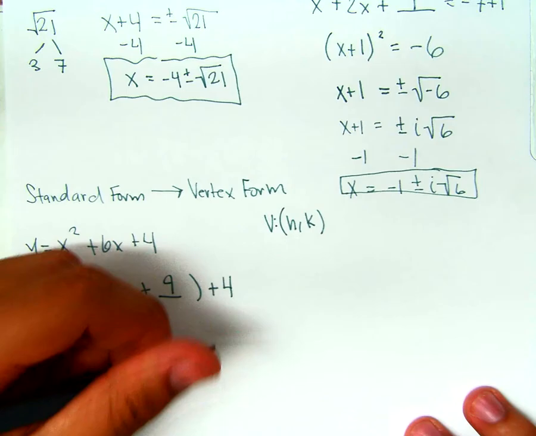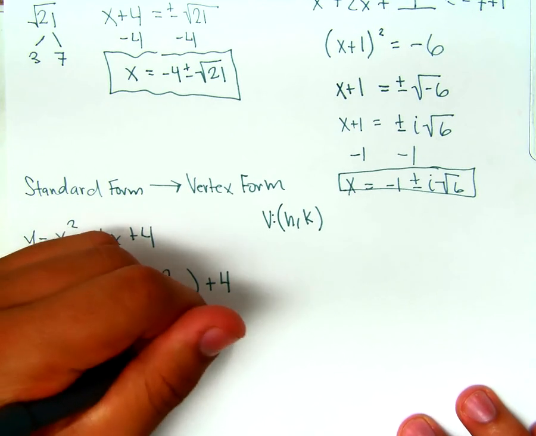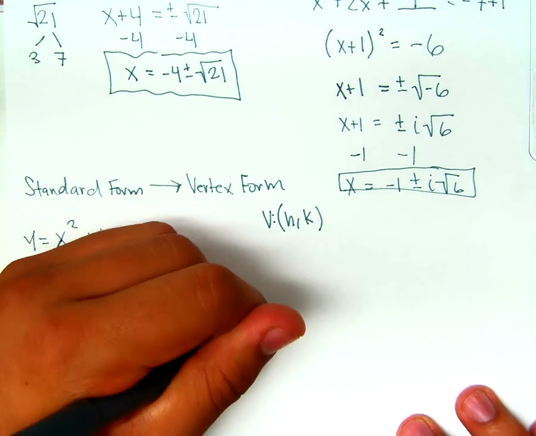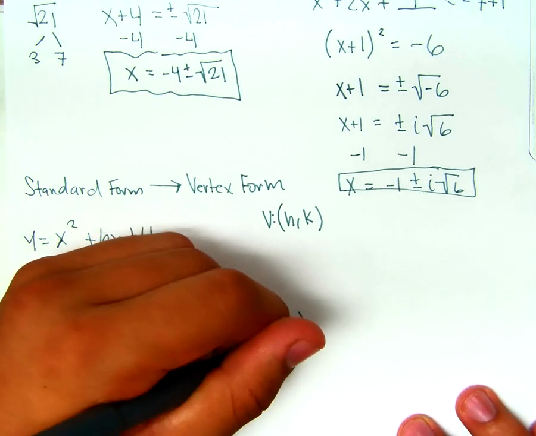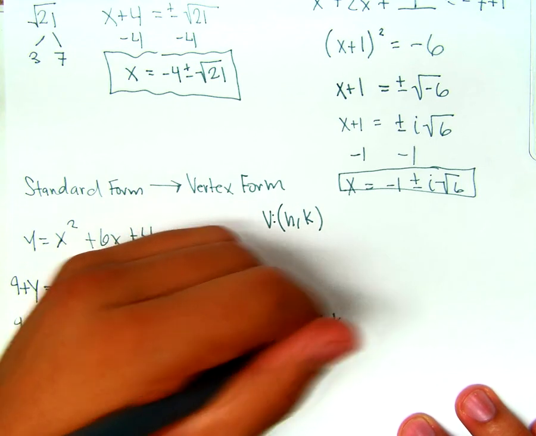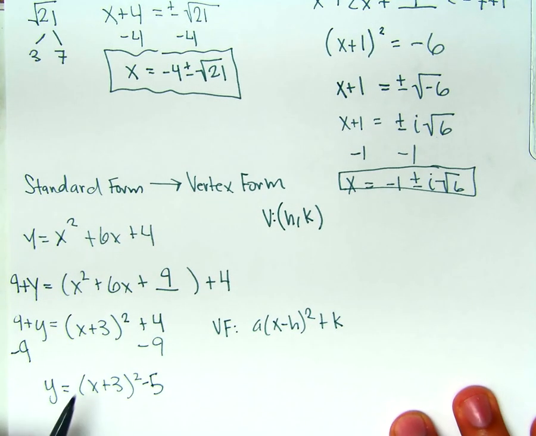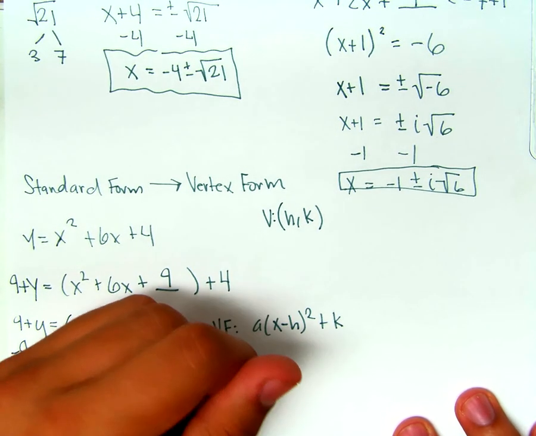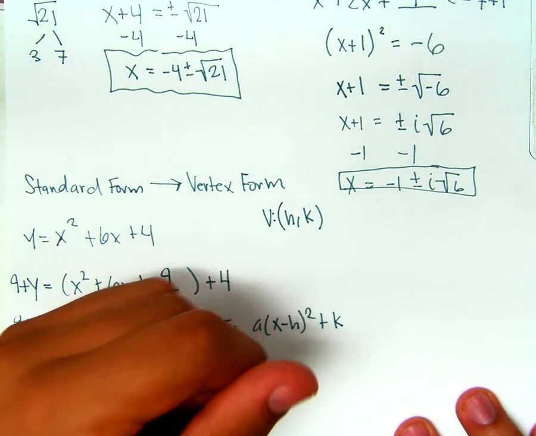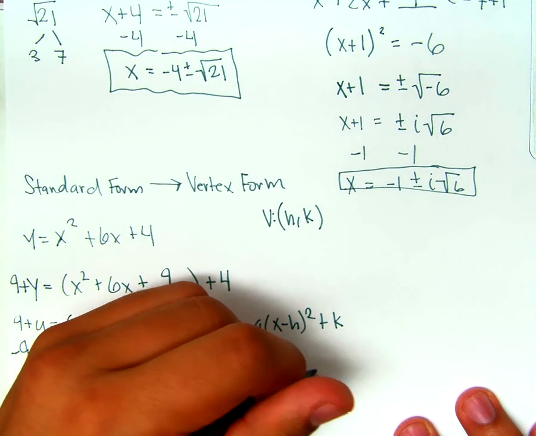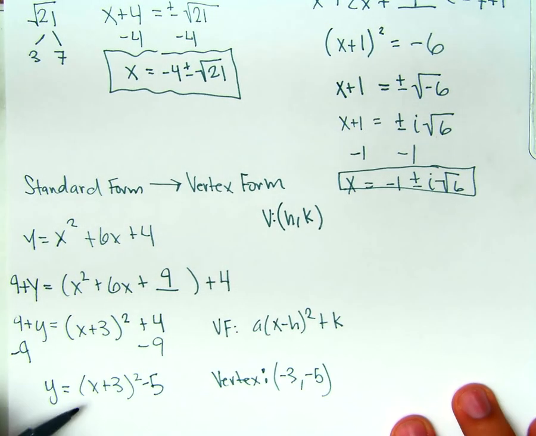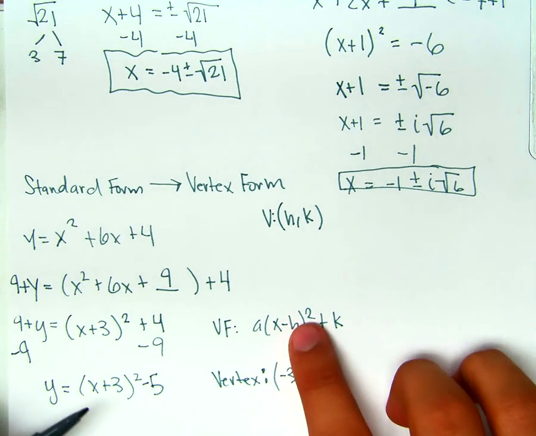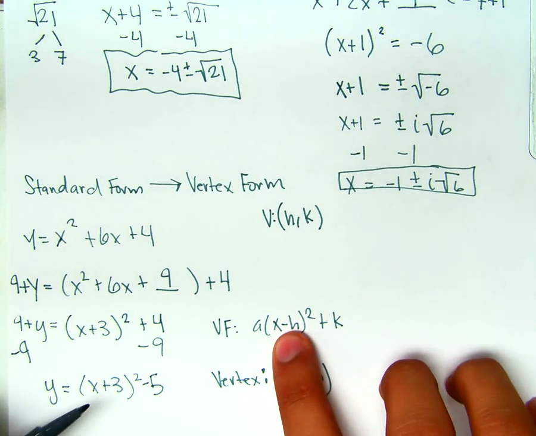If we look at the vertex form, that is a times x minus h squared plus k. That's what we have here. Our a is 1. What would our vertex be? Very good. (-3, -5). Good job, Philip. What you have to remember is that the vertex form is x minus h.